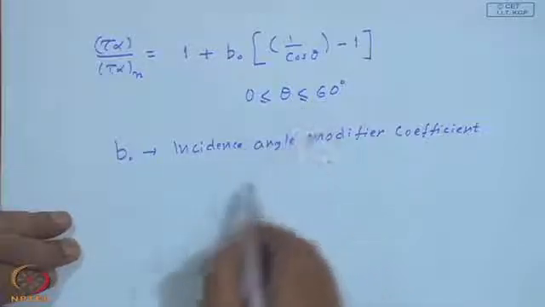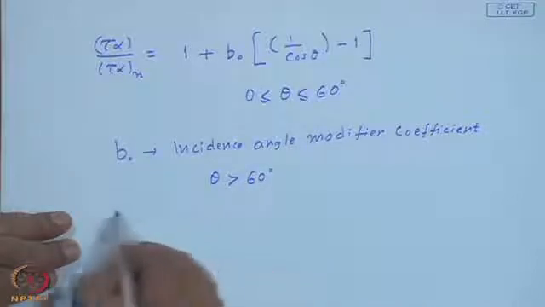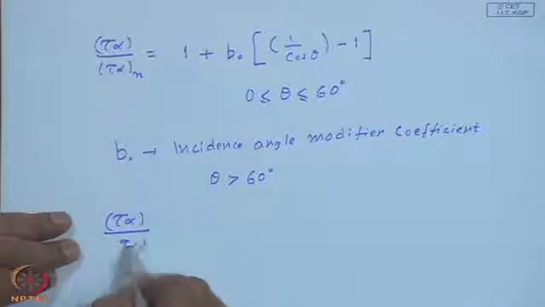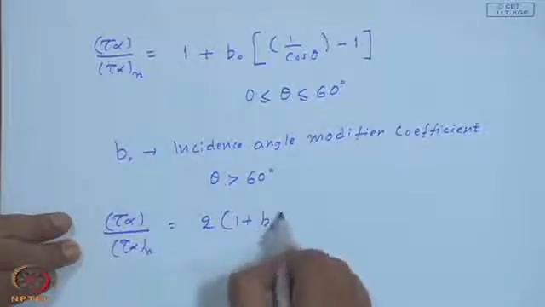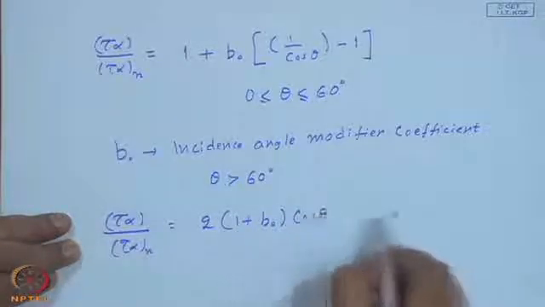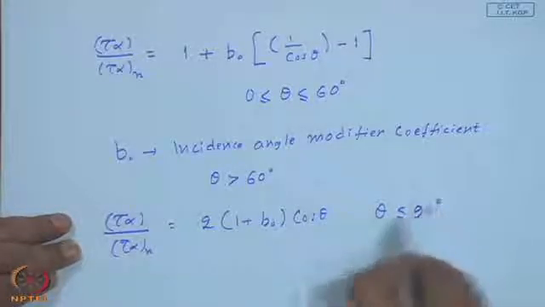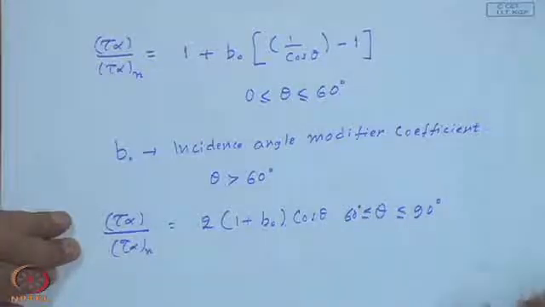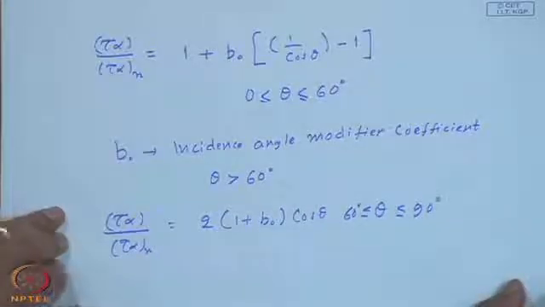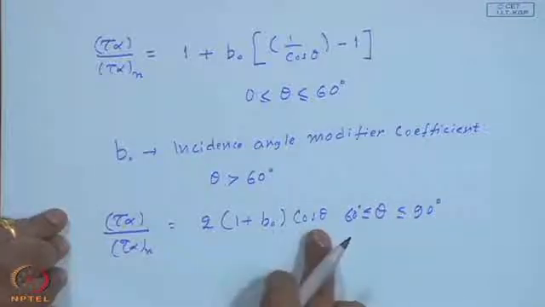However, there was no description for theta greater than 60 degrees. We proposed at IIT Kharagpur that this can be given by, for theta greater than 60 and less than or equal to 90 degrees, a linear relation. If you put theta equal to 60 degrees, that will be 1 plus b0, which is the same as the first one, and at theta equal to pi by 2, it will be 0.